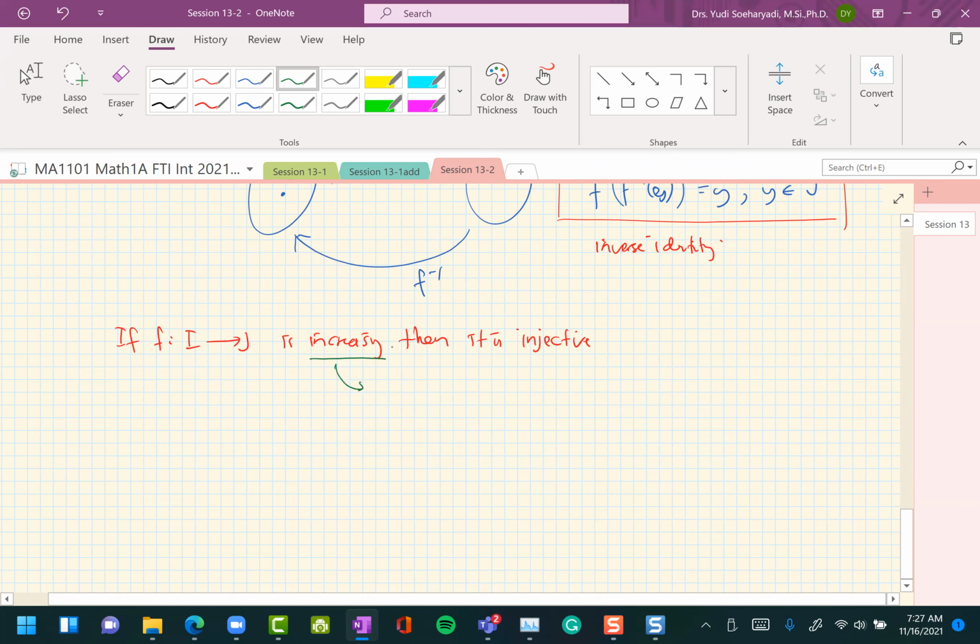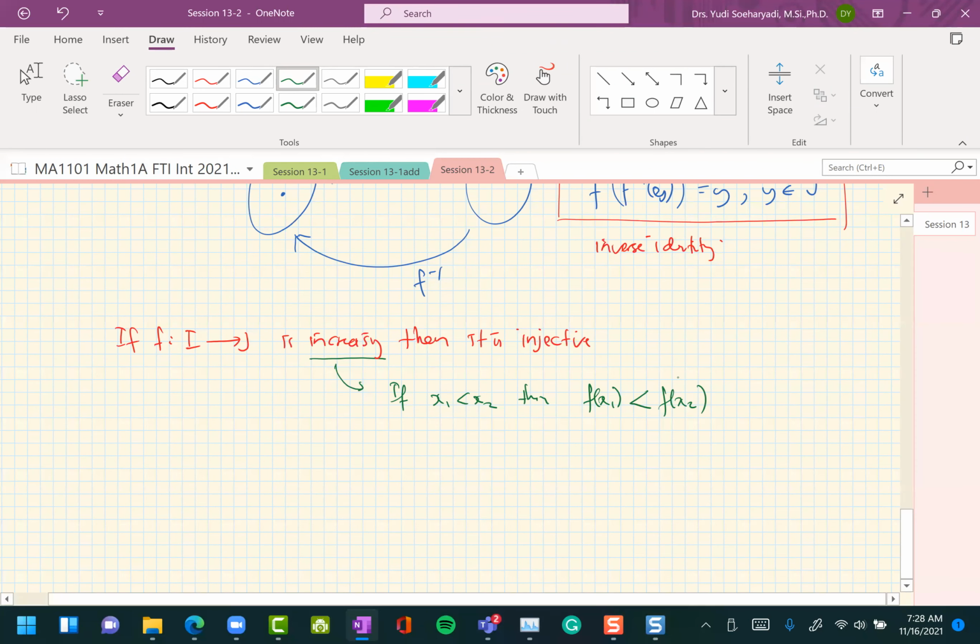Well, increasing means if you have two comparable things, x1 less than x2, then if you map them, it is still true that f of x1 is less than f of x2.